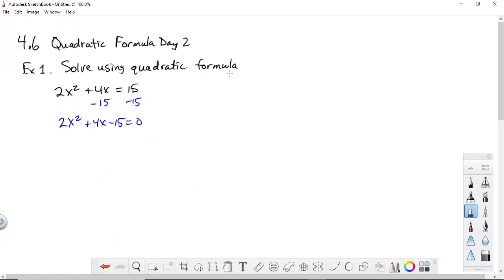I'm going to write the quadratic formula just once up here, and we won't copy it again each time. So here's the quadratic formula.